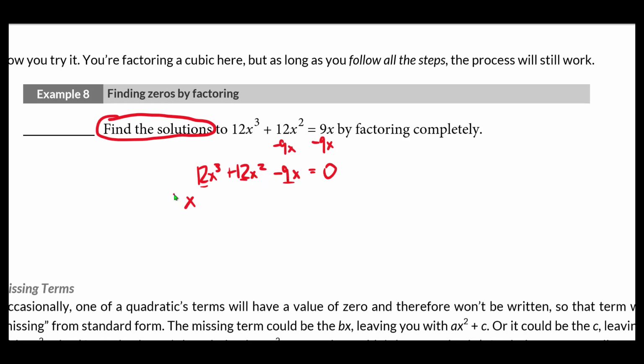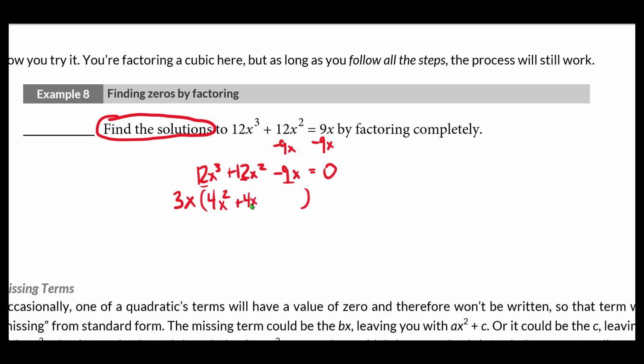So we're going to pull a 3x out, and then figuring out what we need inside parentheses, we can either do 12x cubed divided by 3x, or we can figure out what we need to multiply 3x by to get 12x cubed, and of course that would be a 4x squared. So 3x times 4x squared would be 12x cubed, so that's good. This is just going to be a 4x.